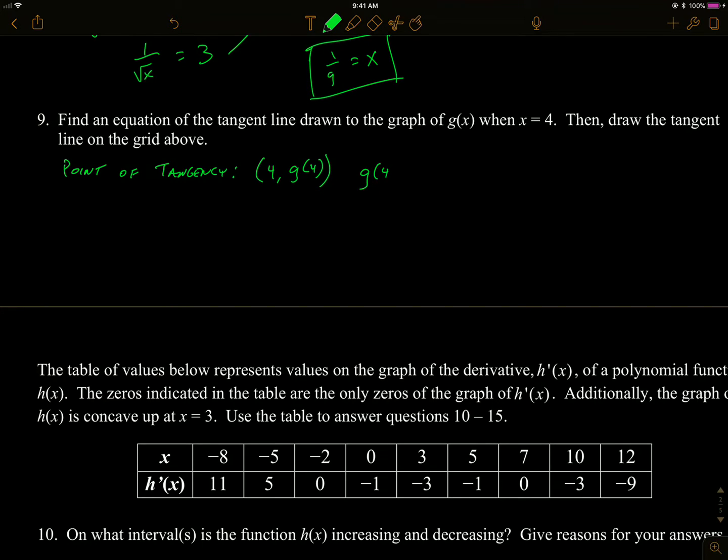So g of 4 is going to be equal to 2 times root 4 minus 4 plus 2, that comes out to be 2. So that means (4, 2) is our point of tangency. Now we need the slope of the tangent line.